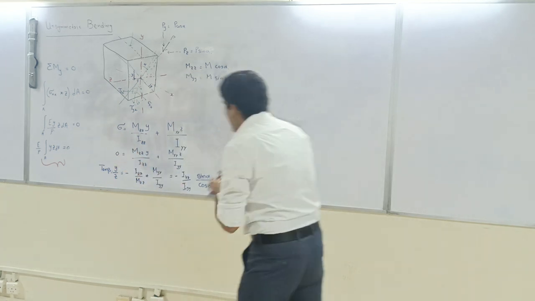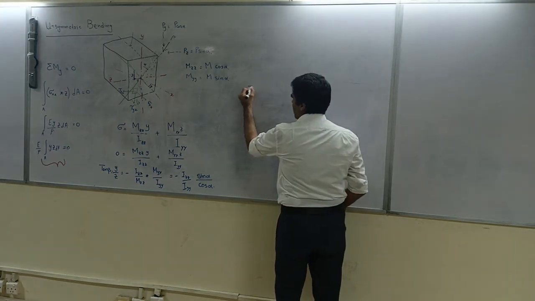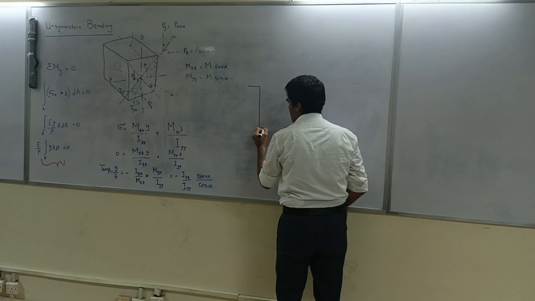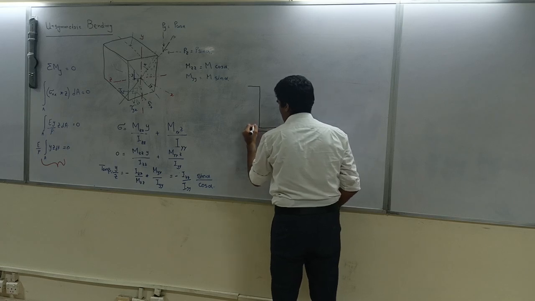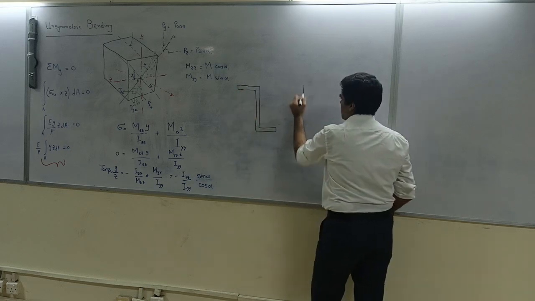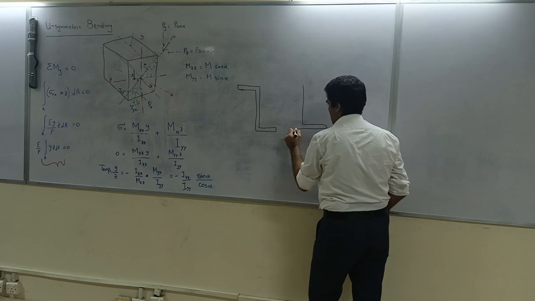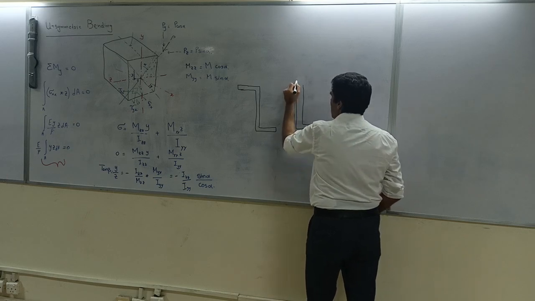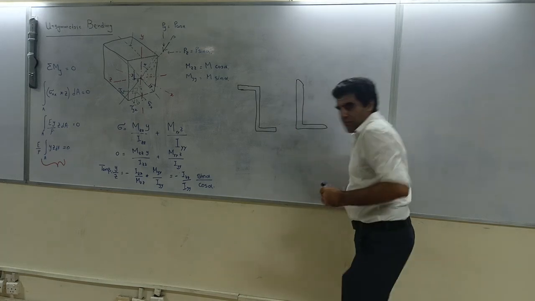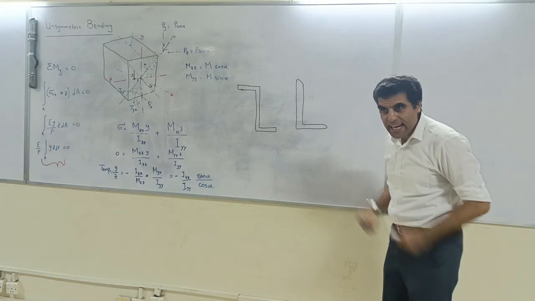For example, I've got a z cross section, or I've got an angle cross section.